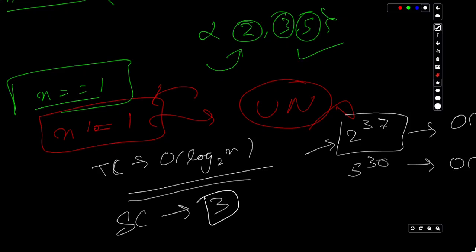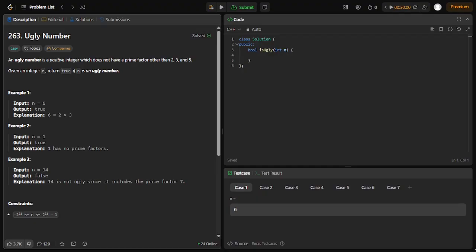Okay, so let's now see the implementation of this problem. For a particular number to be an ugly number, it should be positive.